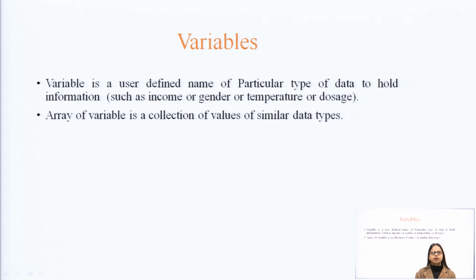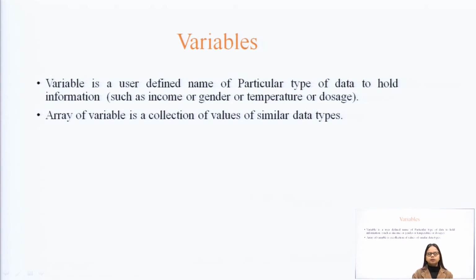Next is variables. A variable is a user defined name of a particular type of data to hold information such as income or gender or temperature or doses.